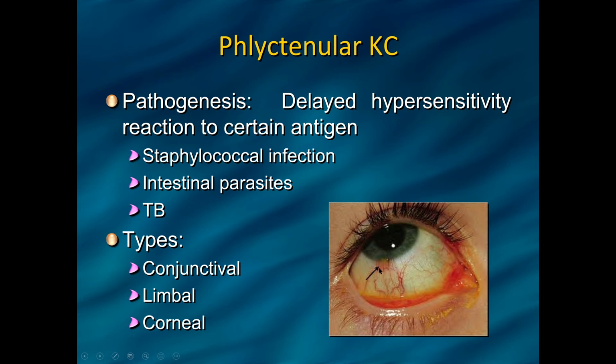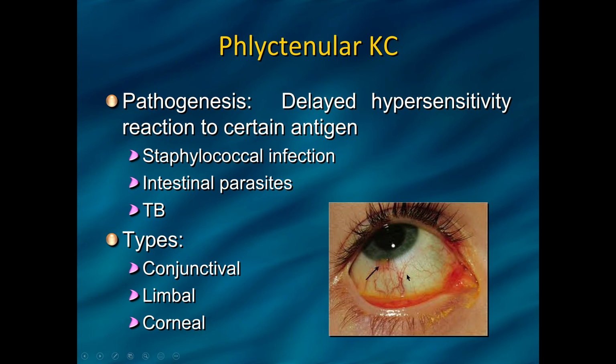We will find that redness occurs around the pustule, and it is sometimes painful, especially when it straddles the limbus or is in the cornea. But whenever it is in the conjunctiva only, it's not a painful condition.